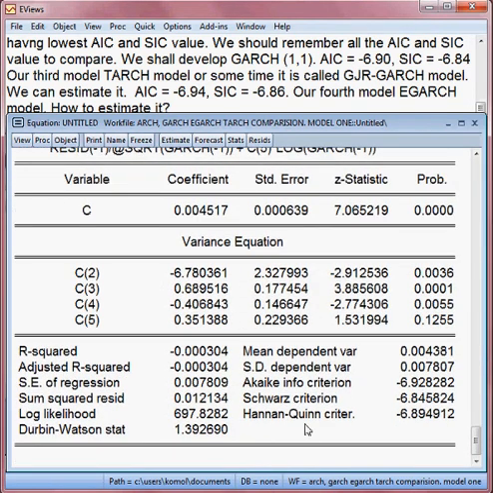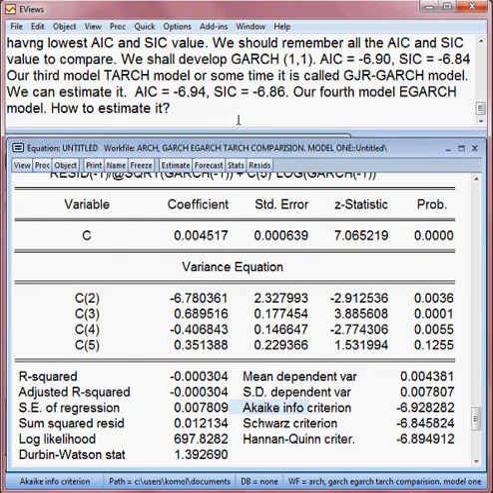And here, what is the value of AIC and SIC? AIC is about minus 6.92, and SIC is minus 6.84.